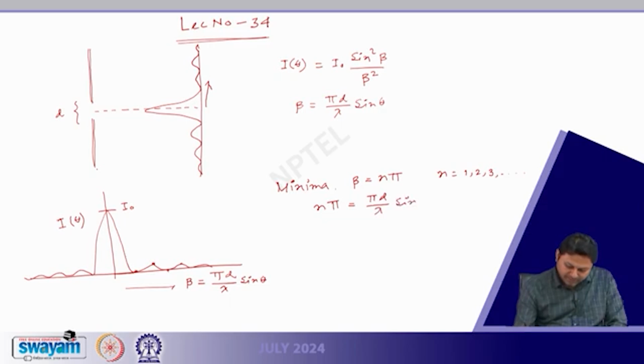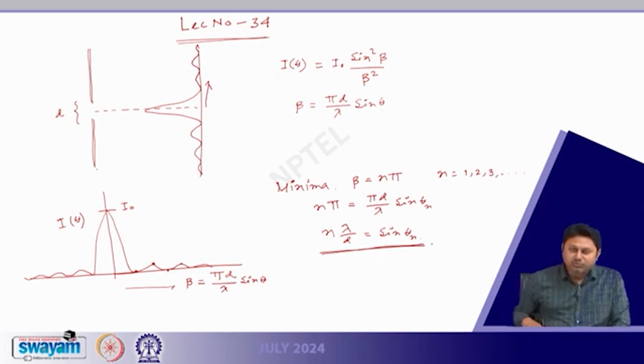So pi will cancel out, and we have n lambda divided by d equal to sine theta n. From this value one can calculate the angle at which we have the minima. If we increase the value of n, we can go to first, second, third minima and so on.